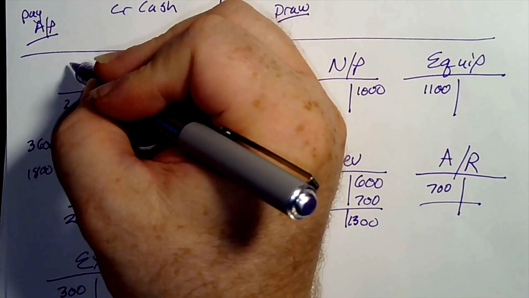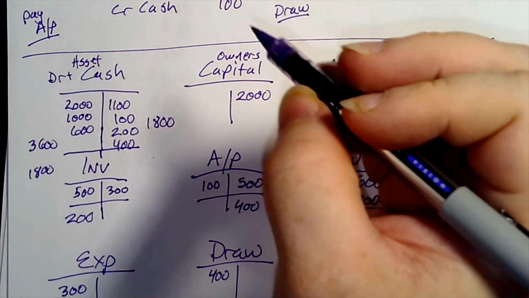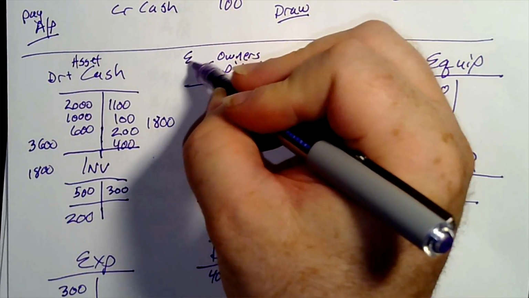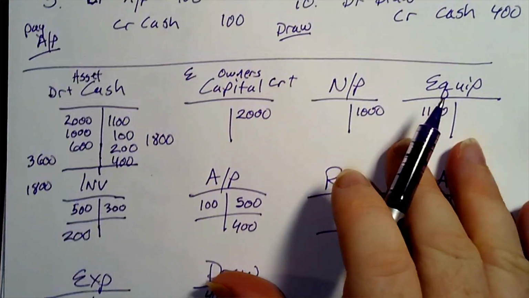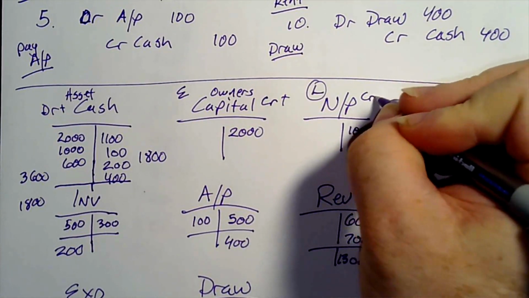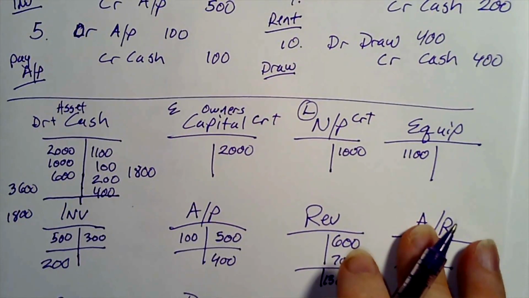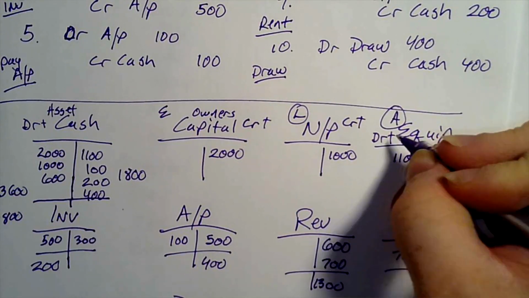So cash is an asset and therefore increases with a debit. Owner's capital is an equity account, so increases with a credit. Note payable is a liability, so increases with a credit. Equipment is an asset account, so increases with a debit.